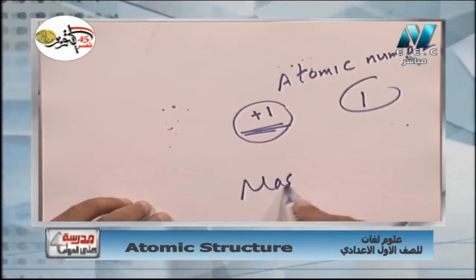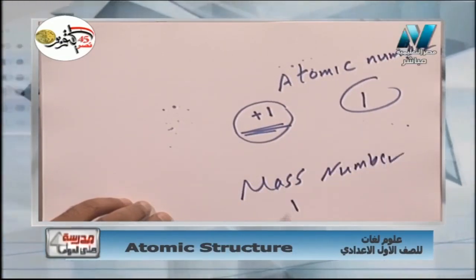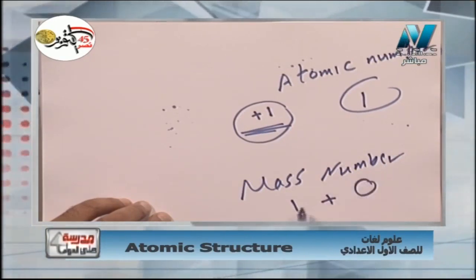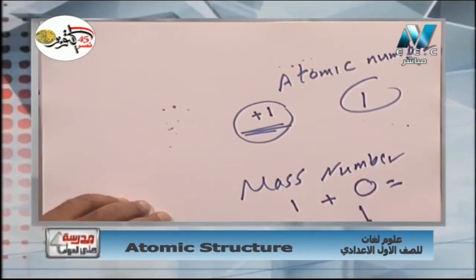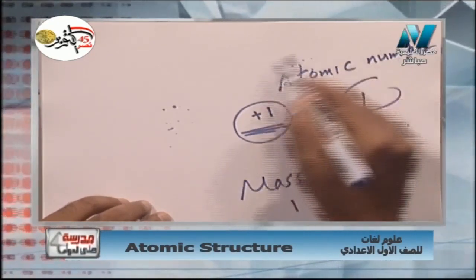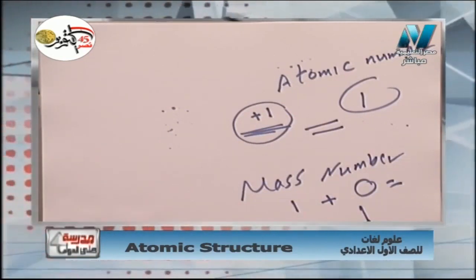And mass number is what? It is atomic number, or number of protons, 1, plus number of neutrons, 0, so it will be 1. This is the only case where mass number equals atomic number, if it is a hydrogen atom.